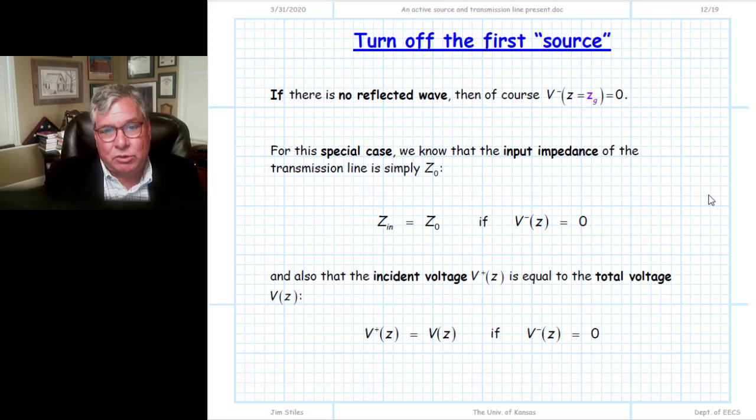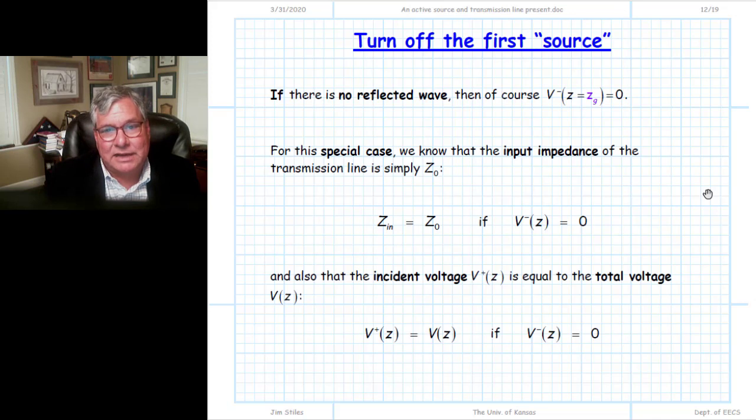Well, if we have two sources, two things that are a stimulus on a circuit, we can turn off all but one and determine the analysis, the result for that one circuit, and then turn off that source and turn back on the second, and then determine the analysis or the result from that second source. If the circuit itself is linear, we could add those two results together, and that would be the total stimulus, the total result.